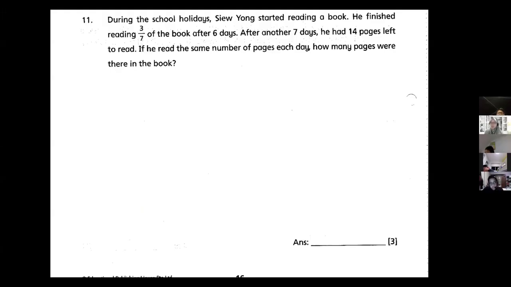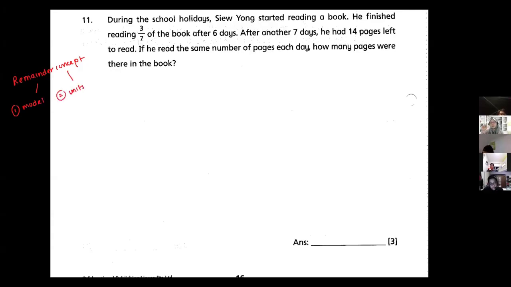Right, so for question 11, we are going to use the remainder concept. If you can recall, there are two kinds: one is via the model and one is via the units.